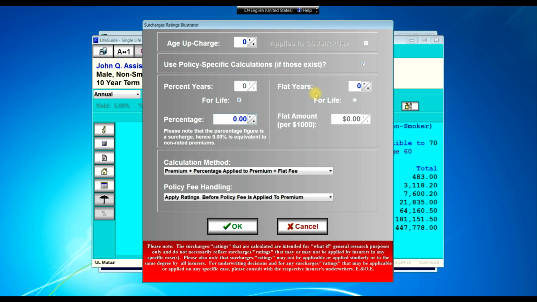For example, the person goes on a work assignment in the Persian Gulf, or might be assigned by the military to some unstable region, or might be involved temporarily in a hazardous vocation or avocation. So in that case, what happens is that a flat amount additional per thousand is applied.